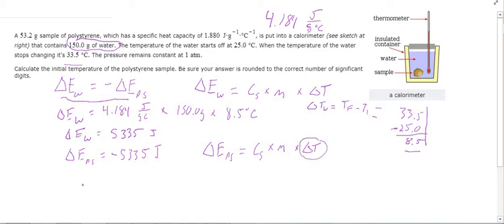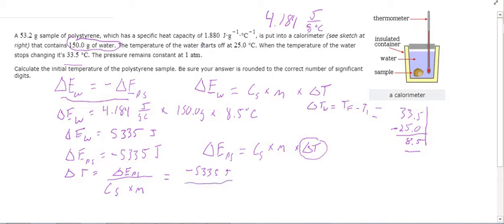So let's just rearrange this equation down here. The change in temperature is going to equal the change in energy of the polystyrene divided by the specific heat capacity of the polystyrene times the mass. Well, if I substitute in the right values, then I have minus 5335 joules.